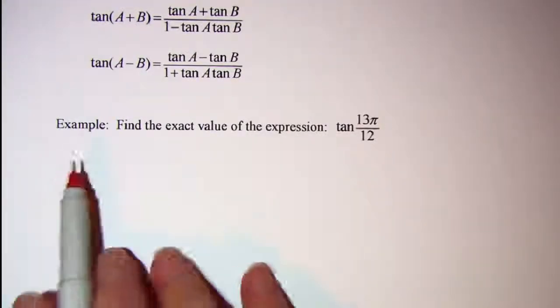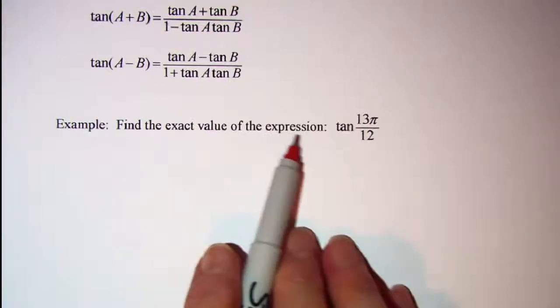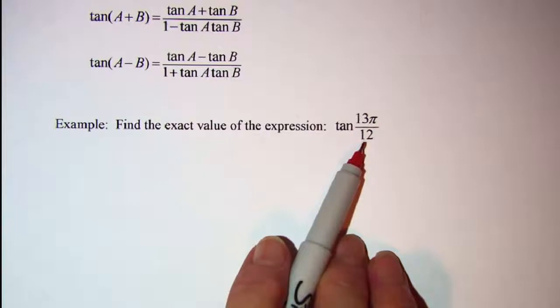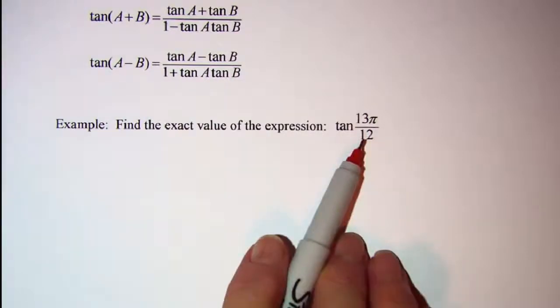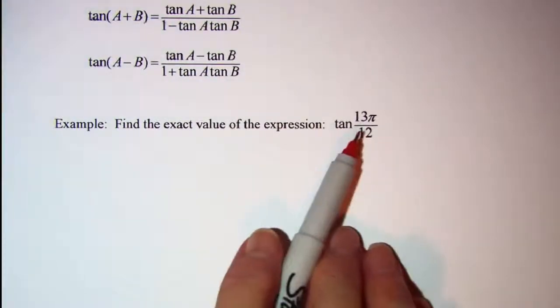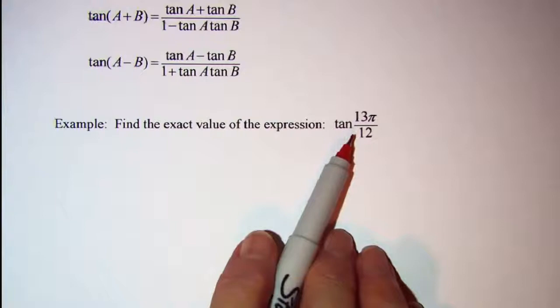And the example that we'll be doing is to find the exact value of the expression tangent 13 pi over 12. Now this is not an acute angle, so we need to find an equivalent acute angle before we get started on this.